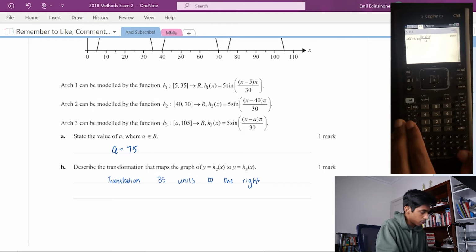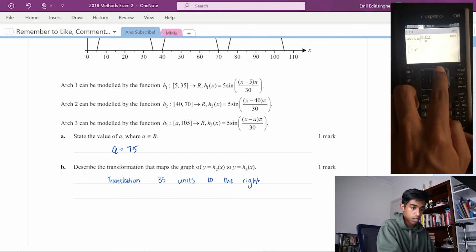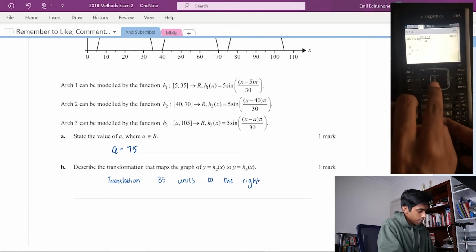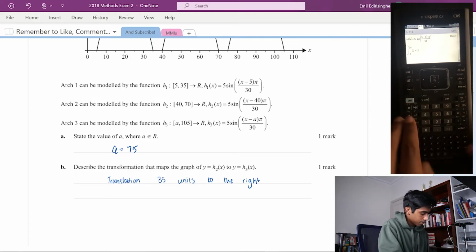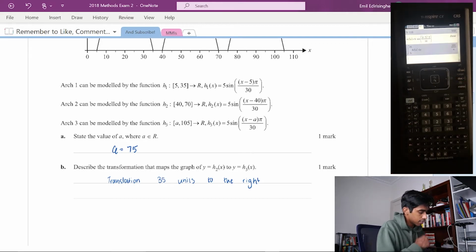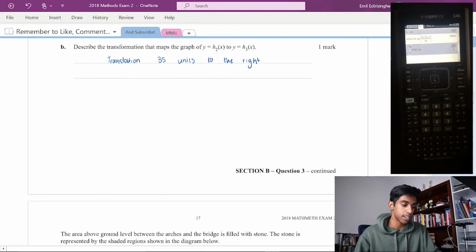That gives us that equation. Then we'll do 5 to 35 of h1 of x dx. That gives us 300 on pi.